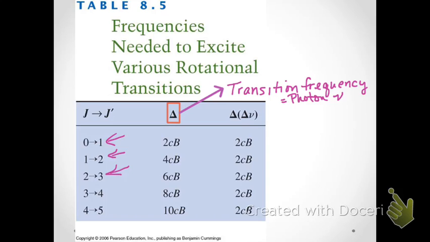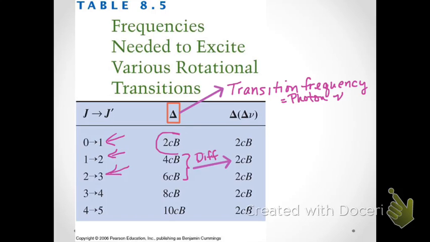What's interesting to note is the difference between these transition frequencies. If we look at the difference between the 0 to 1 and the 1 to 2 transitions, we find that's 2 times c times B, which is what we have indicated here in the column on the right side.